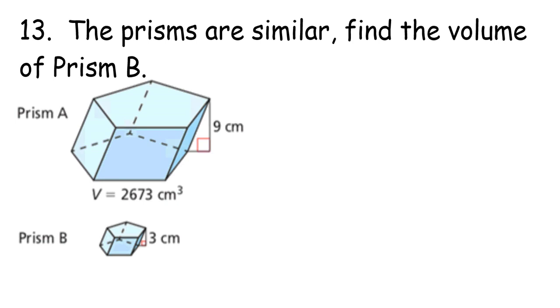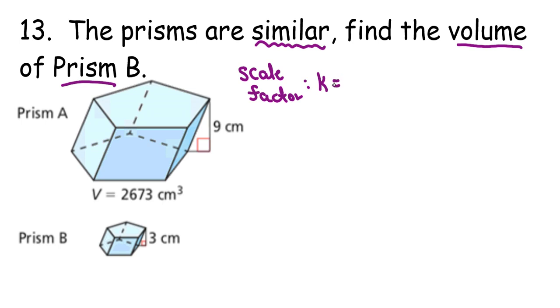In problem 13, we're looking at the volume, find the volume of Prism B. So we have two similar prisms, so we have to come up with our scale factor. This is a scale factor problem. So scale factor, we always use the variable k to represent scale factor. And we always work with the second object back to the first object. So you're looking for a corresponding measurement between these two prisms.